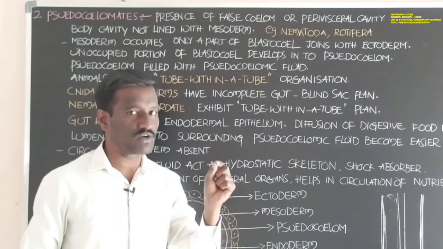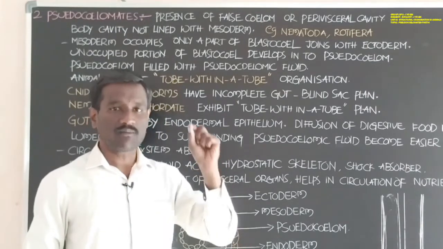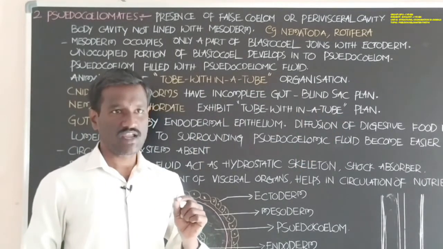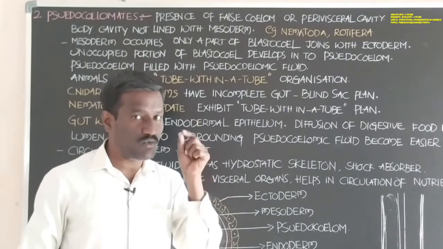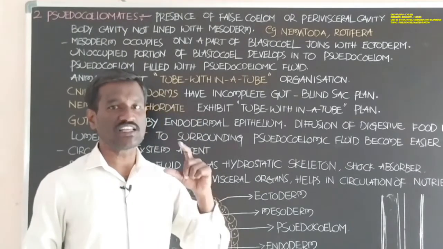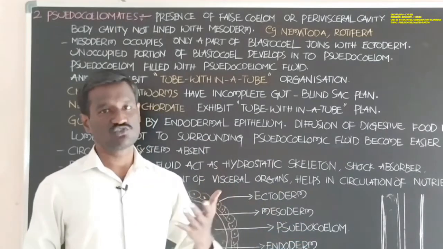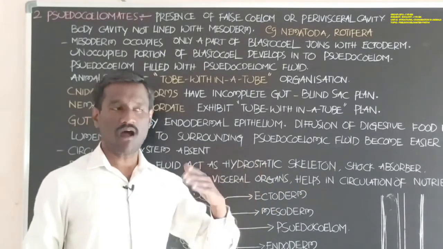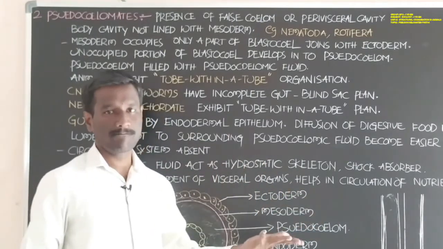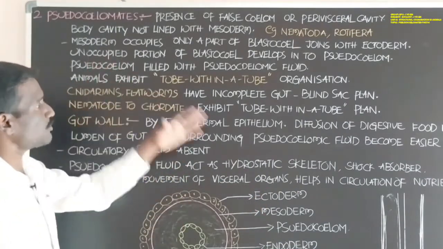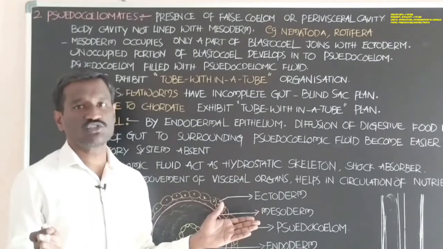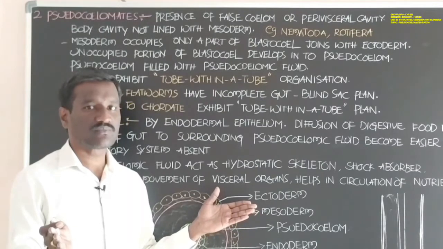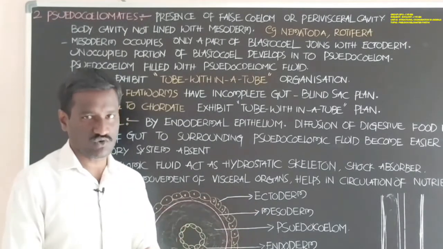The mesoderm occupies some portion of the blastocoel. Already you know the blastocoel. Some portion of the blastocoel is occupied by the mesoderm, which is also adjacent to and attached to the ectoderm. Not the total portion of the blastocoel, or primary body cavity, is occupied by the mesoderm.